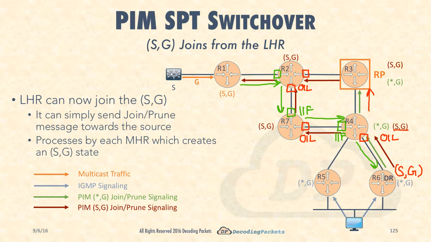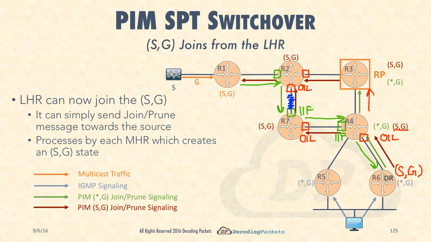Sometimes, and this again comes to troubleshooting, one part of this tree may be working perfectly, but another part of this tree, for example, out here between R2 and R7, you may not have PIM enabled on this interface. So what would happen then is, as long as you're receiving the packets on the star,G, everything works fine.